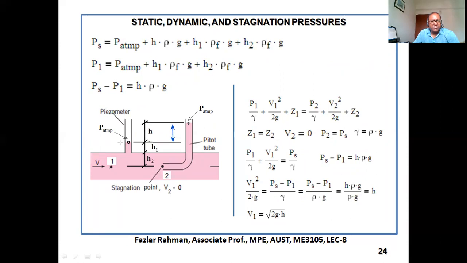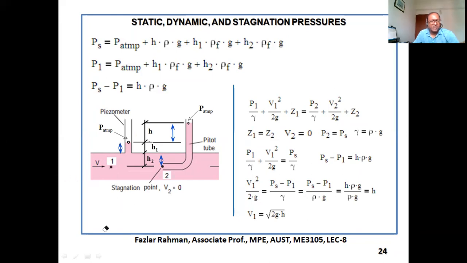And this depth, from this point to this, is h1, and from the surface of the pipeline to points 1 and 2 is h2. Okay. Now, we would like to figure out the static pressure at point 1.